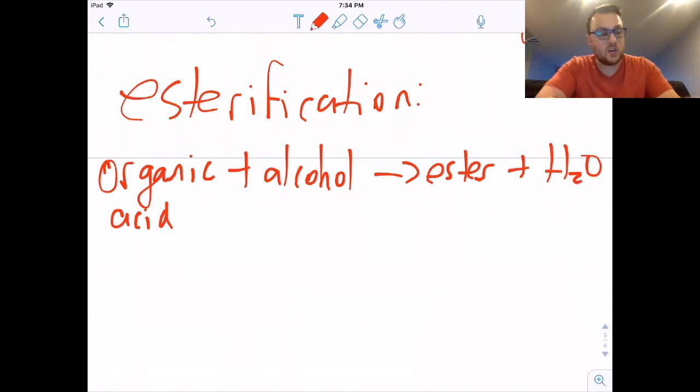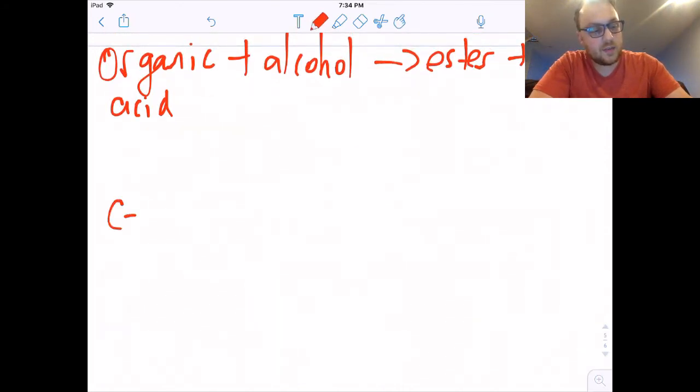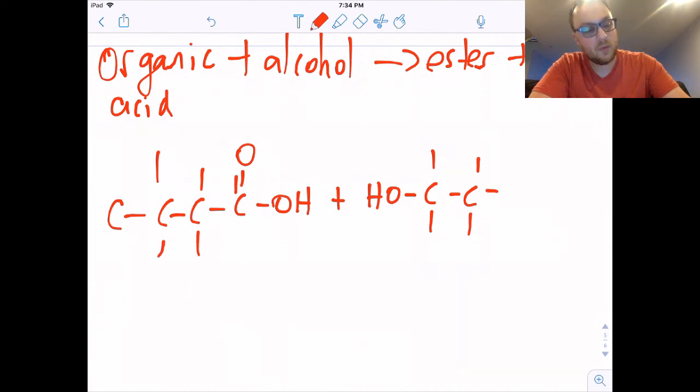So an organic acid can look something like this. And an alcohol can look, I'm going to draw it backwards, something like this. Remember, these lines are just representing hydrogens. So they react, what do they make?